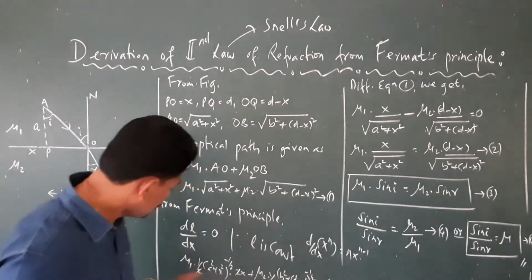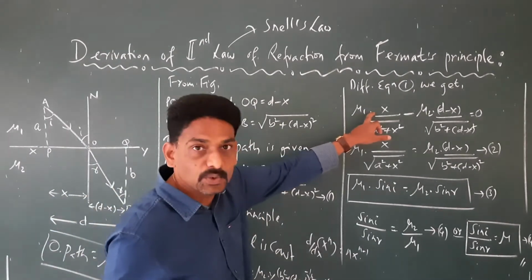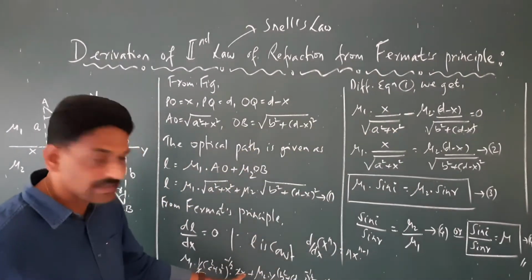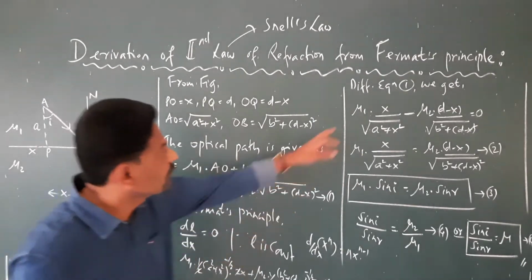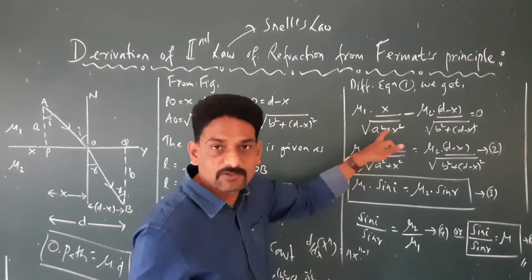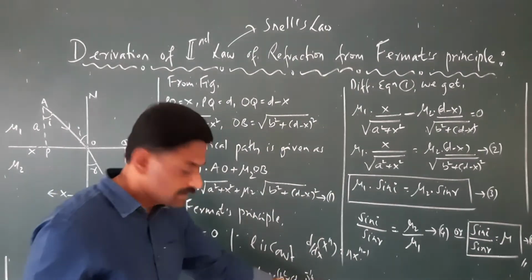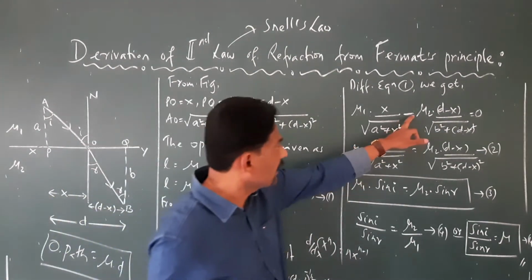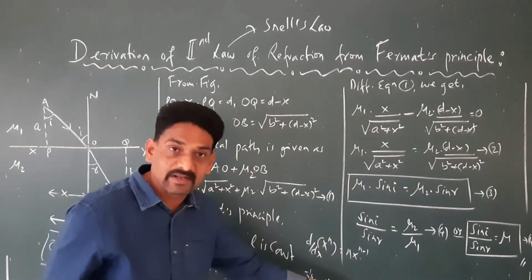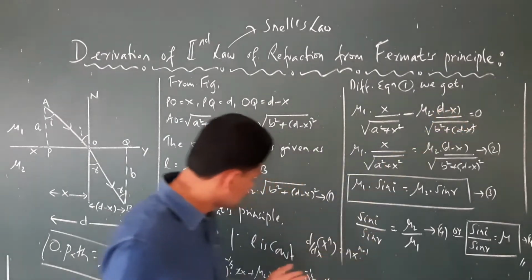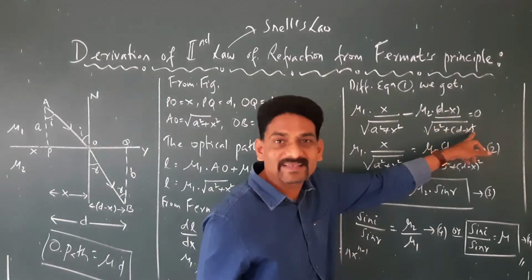Right? So after simplifying this, what we get is mu1 into x, this x. So mu1 into x divided by square root of a square plus x square, minus, plus into minus, so we get minus mu2 into d minus x divided by square root of b square plus d minus x square.